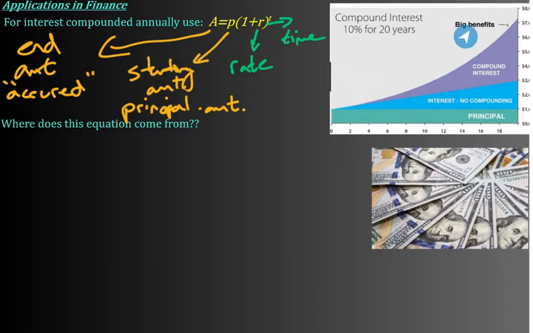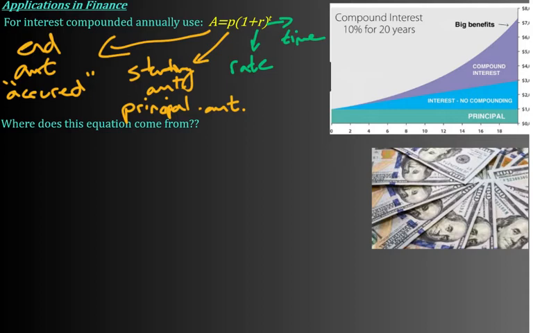So it's going to be a higher number, and as you get more and more money in there, it grows faster and faster. If the interest is not compounding, you would just have linear growth, a constant growth based on the rate.